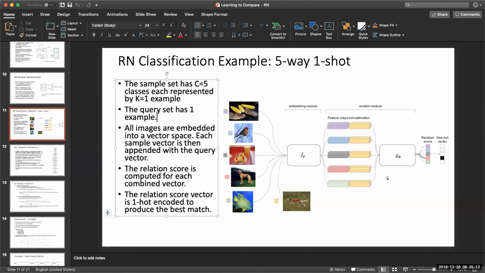So what we want to do is learn the F and the G. And these are neural networks, so we'll use traditional deep learning techniques to estimate the parameters of those functions.